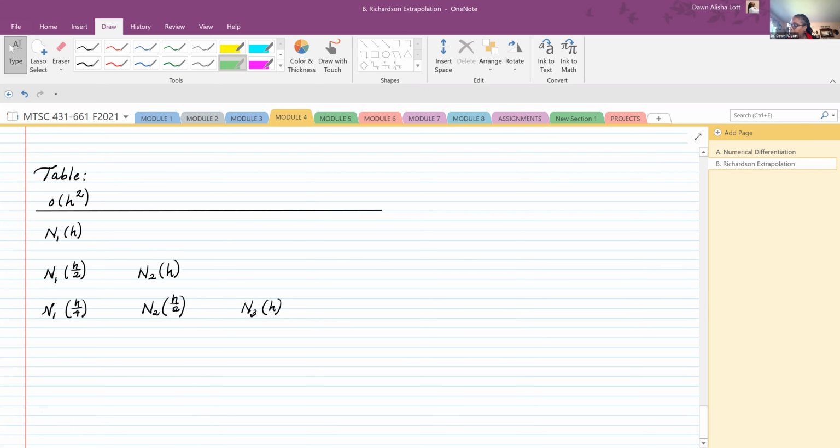So therefore, we will have F prime of 2.0 equal to N3 of H plus order H to the 6. This is order H to the 4th. And this is order H to the 6. Okay.